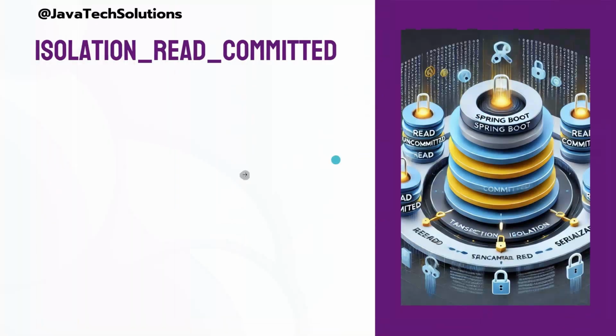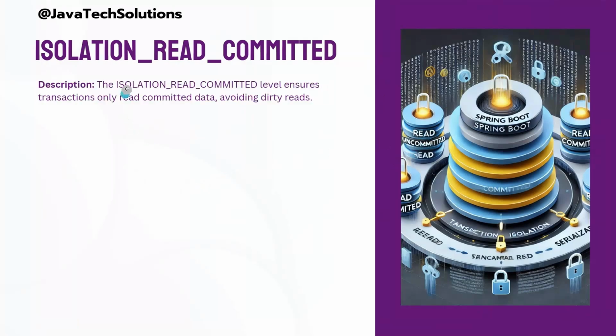Okay, now another one, that is read committed. This isolation level ensures the transaction only reads committed data, meaning only the data that is already committed. What it will do is avoid dirty reads, right? As for read uncommitted, the main issue is dirty reads.